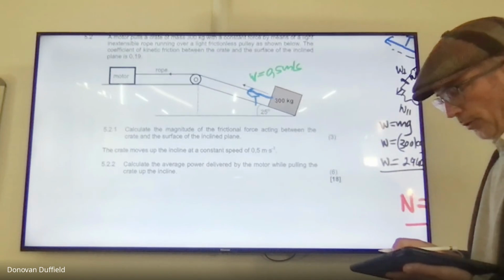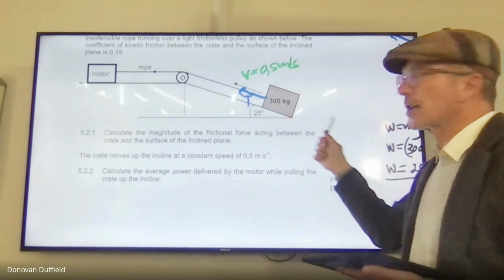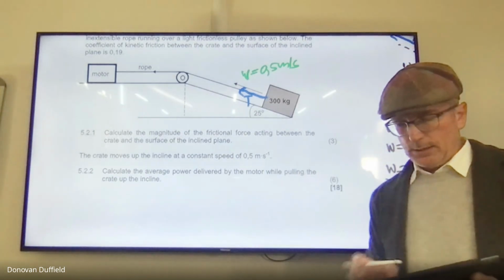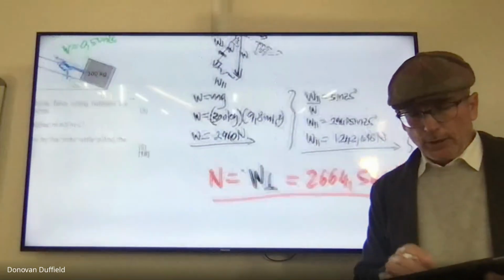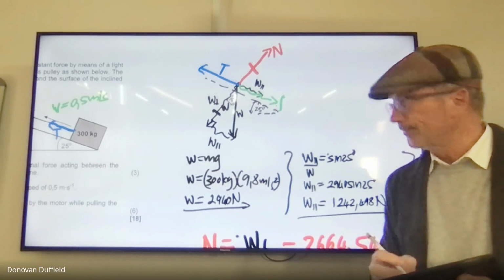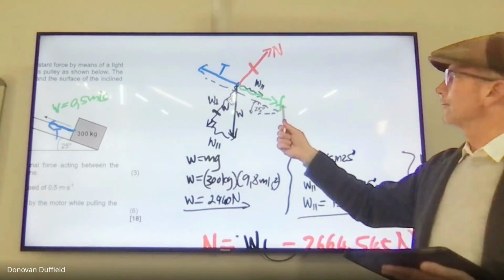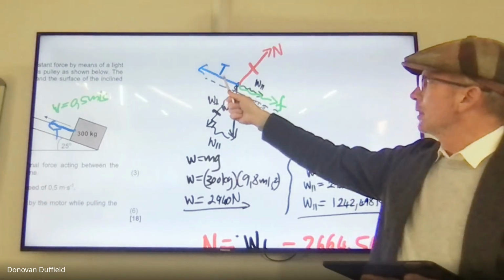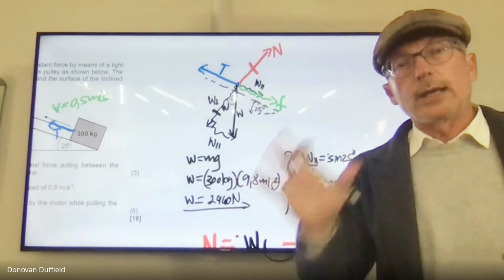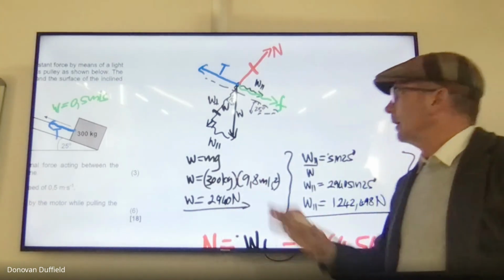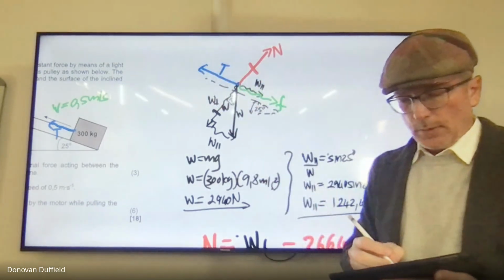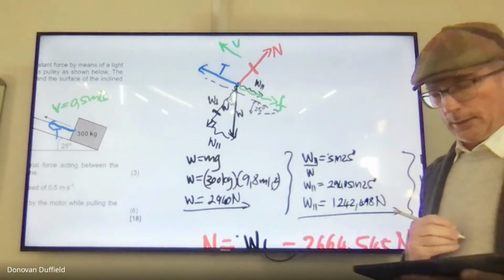So the friction is going to be in the opposite direction to motion, always, so it acts down the plane. The tension is up the plane, W parallel is always down the incline, and the friction force always opposes the motion, which is up the plane.